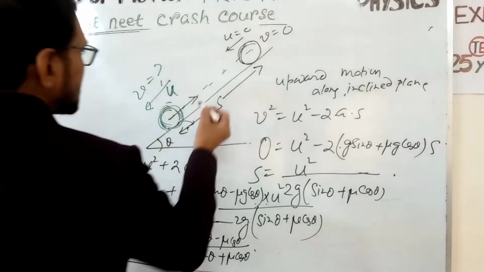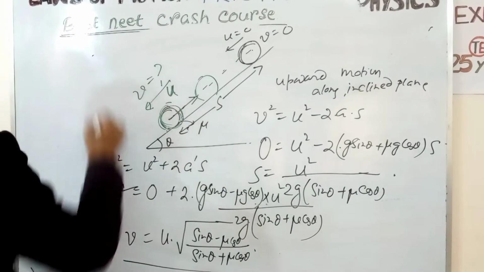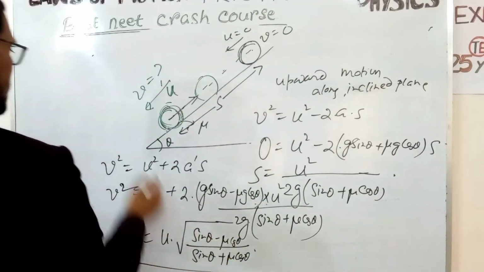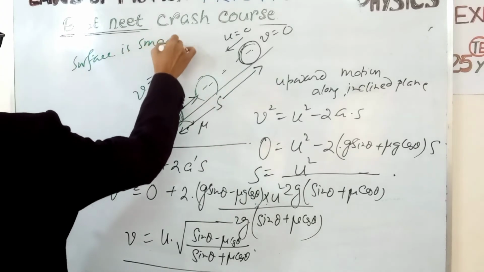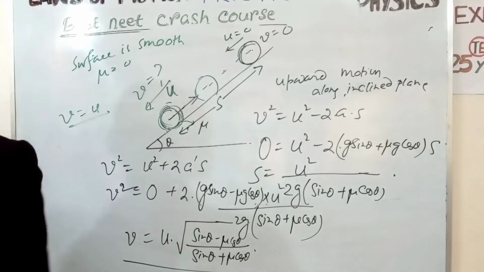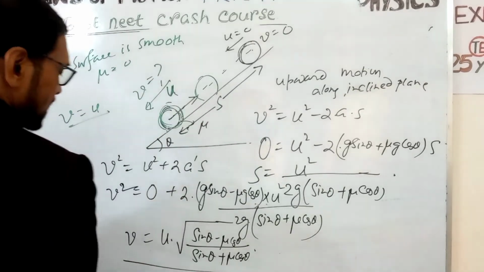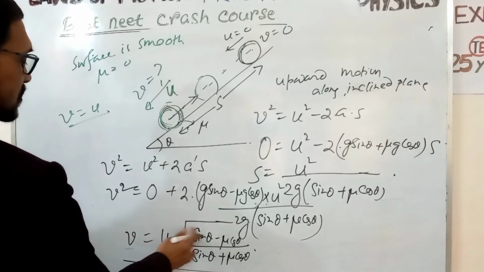If the surface is smooth, then mu equals 0, so v equals u. But if there is friction on the rough plane, the velocity will be u times this.